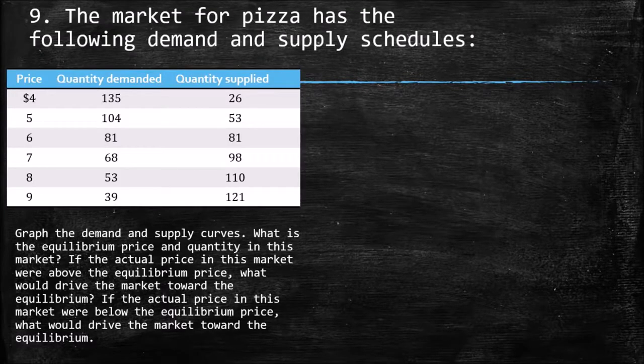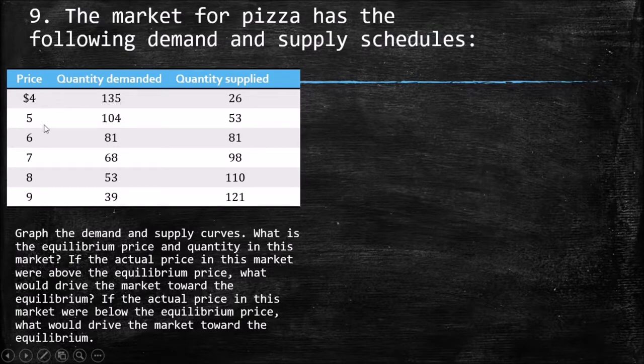So number 9, the market for pizza has the following demand and price schedules. Here we have the prices from 4 to 9, and here we have the quantity demanded. At the price of 4, people demand 135.